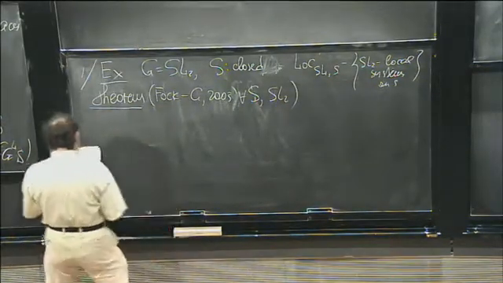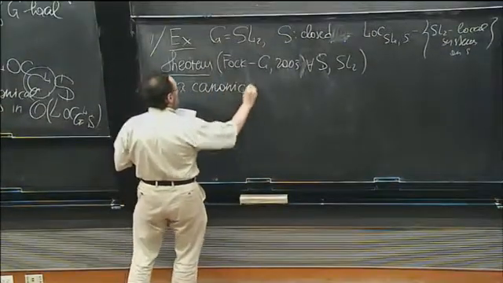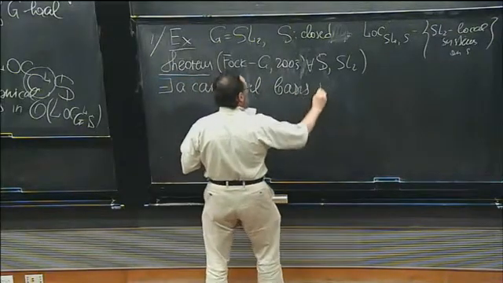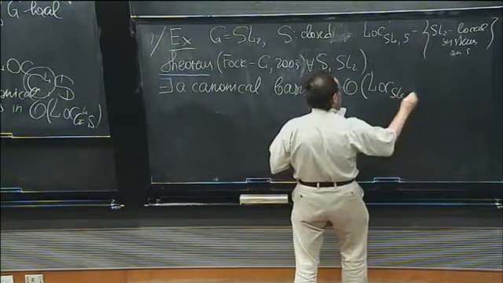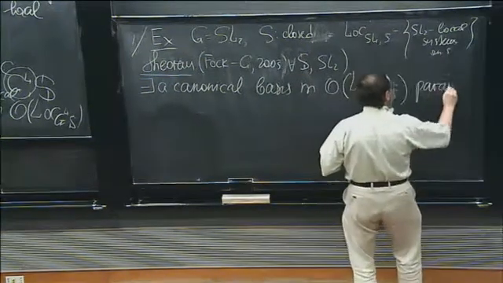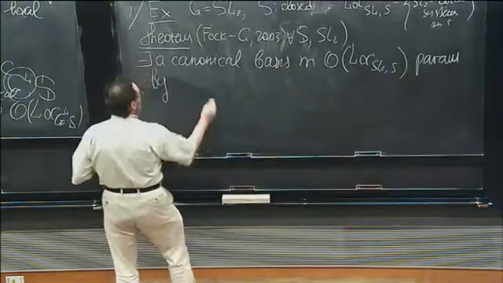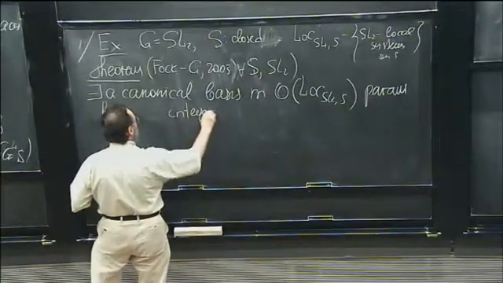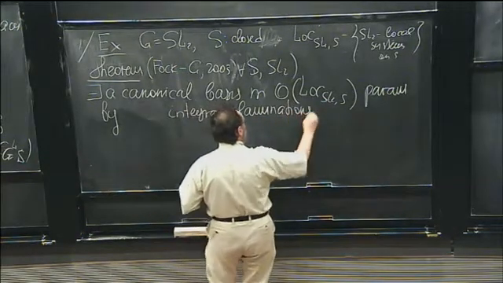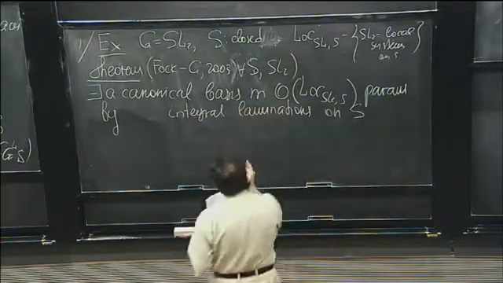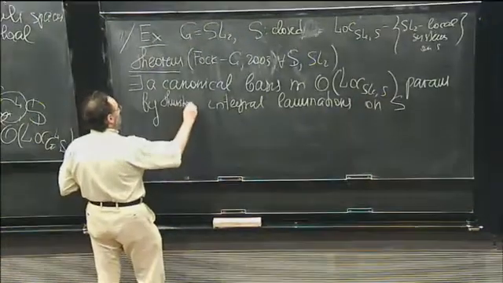And it says that there exists a canonical basis. Actually, it's a construction in the space of regular functions on this Log, parameterized by integral laminations on S. And in this particular case I'm talking about, when it's closed, it's even the very classical Thurston's integral laminations.